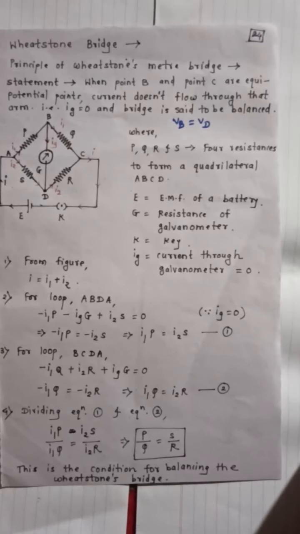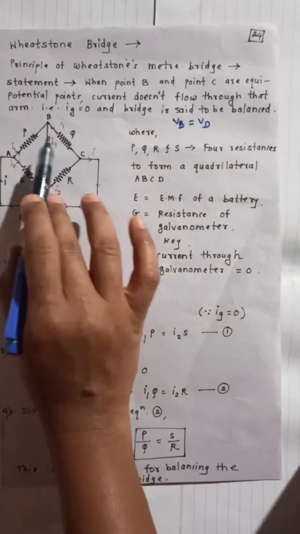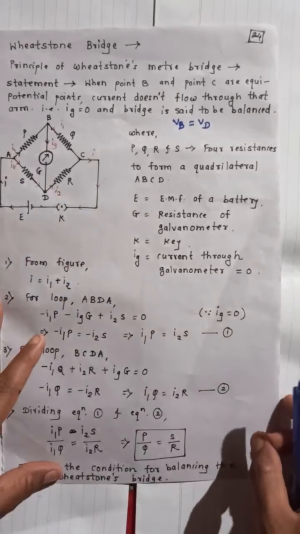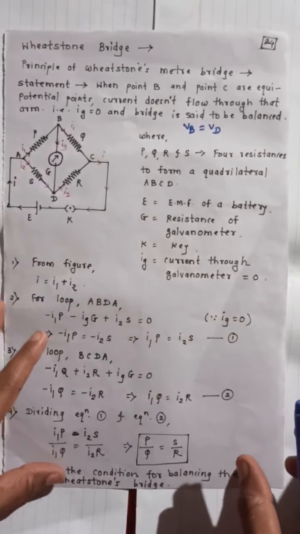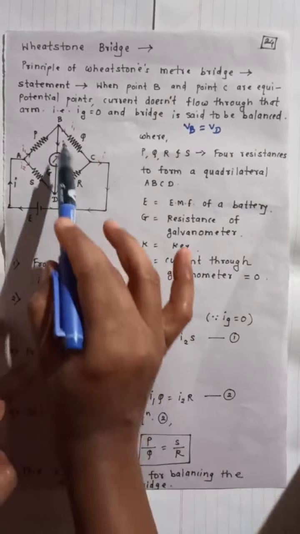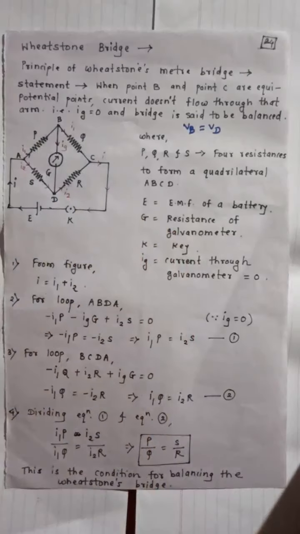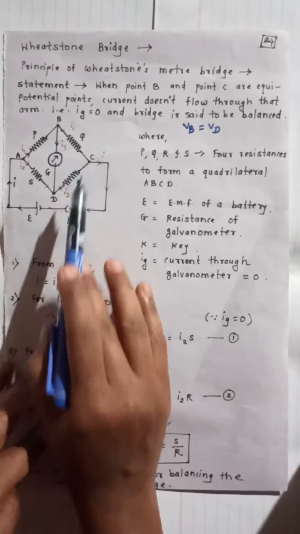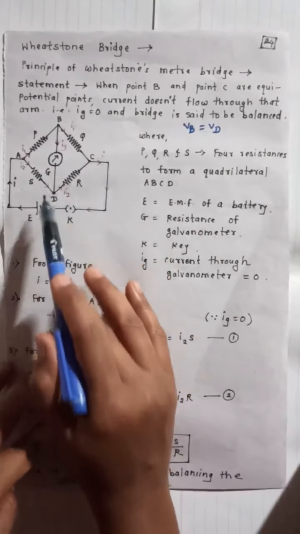Wheatstone used 4 resistors P, Q, R and S, and the 4 resistors are connected so that they form a quadrilateral. This is the first branch of the quadrilateral, the second branch, third branch and fourth branch.